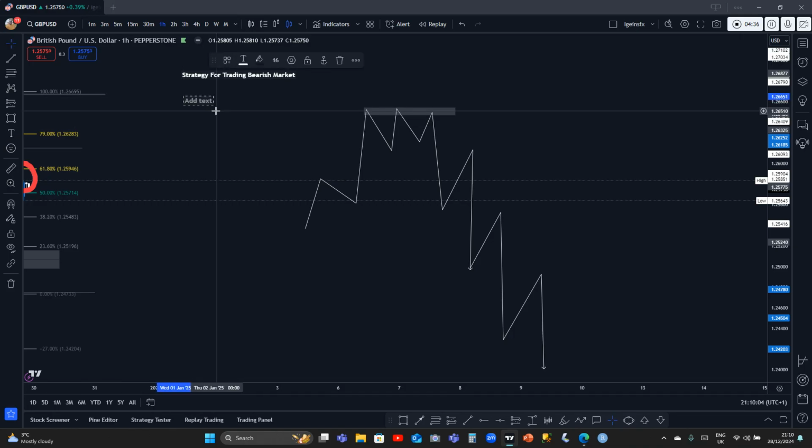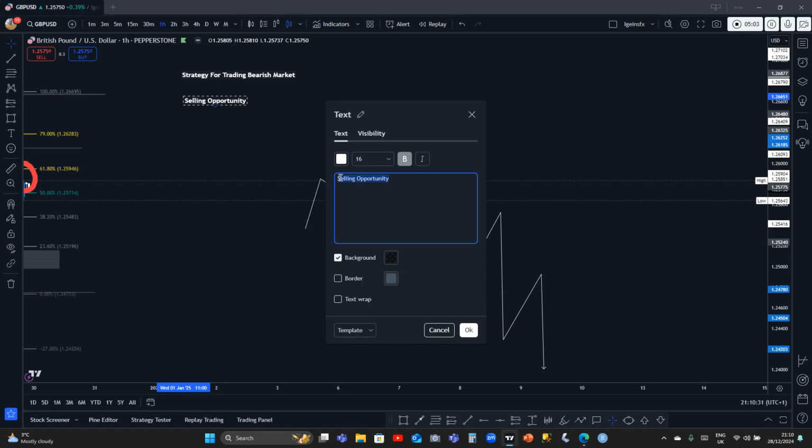When it's a bearish trend, you look for a selling opportunity. Once you see something like this, once you see a trend turning to become a bearish trend, look for a selling opportunity.